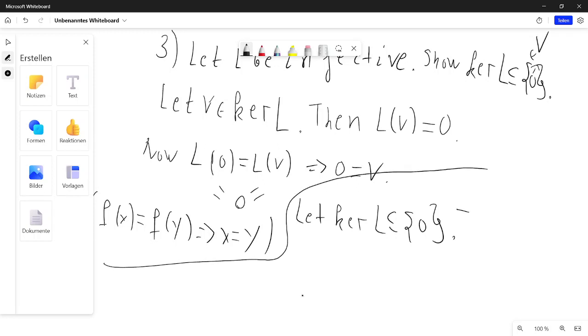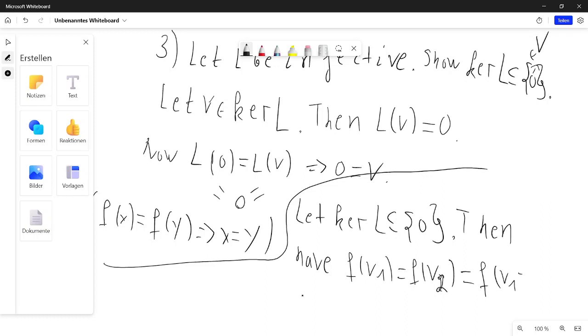Then have L of v1, L of v2, where v1, v2 are elements of V, is equal to L of v1 minus v2.